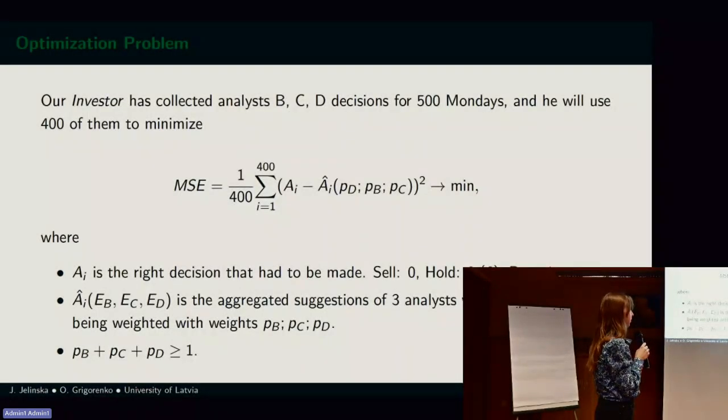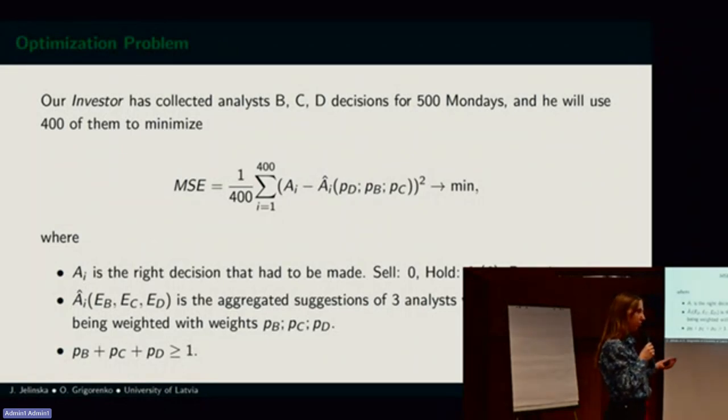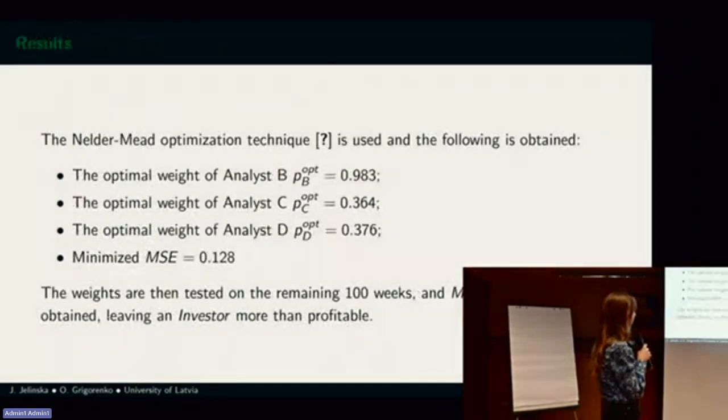And since it is a popular stock, it was Apple stock, we have a lot of data of it because it is in the stock market for a long time. And we minimize the square error between the real values that had to be made, the real suggestion, what had to be done, and what was suggested.